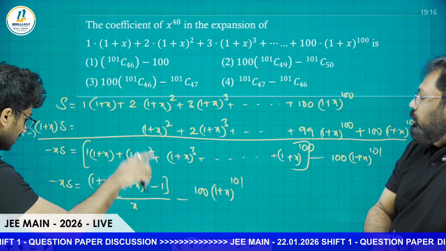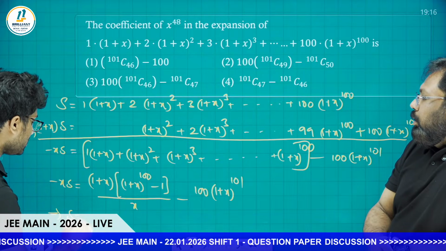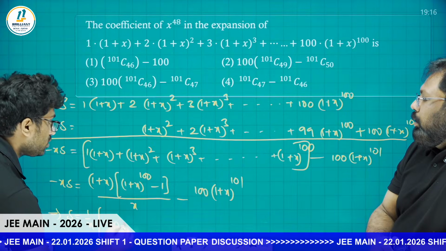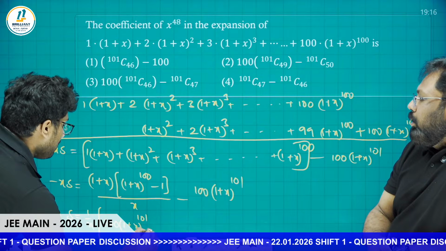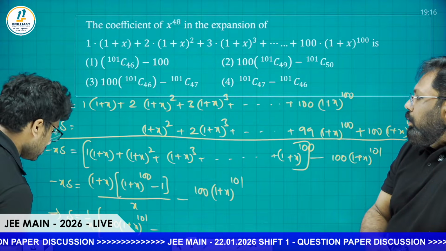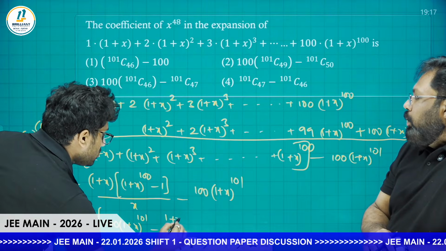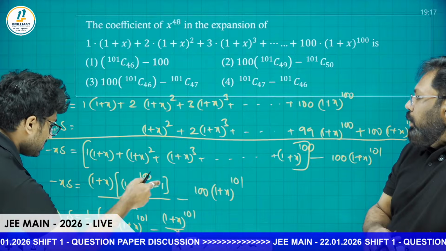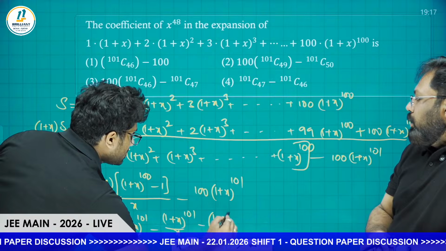We have minus x. If we multiply with the negative and divide by x, S is equal to 1 by x times 100 into 1 plus x whole to the power 101 minus, if I multiply this also, 1 plus x into 1 plus x is 1 plus x whole to the power 101, divided by x. 1 plus x into minus 1 is minus of 1 plus x divided by x.